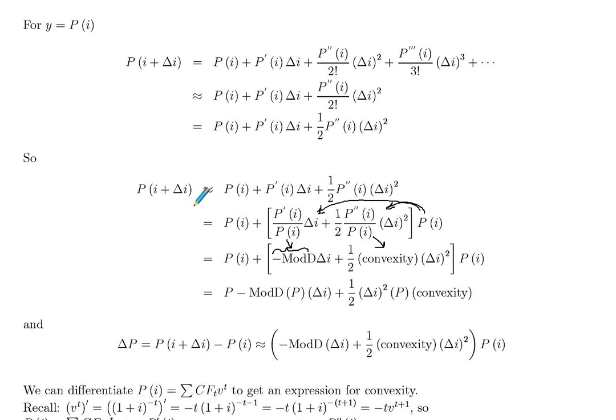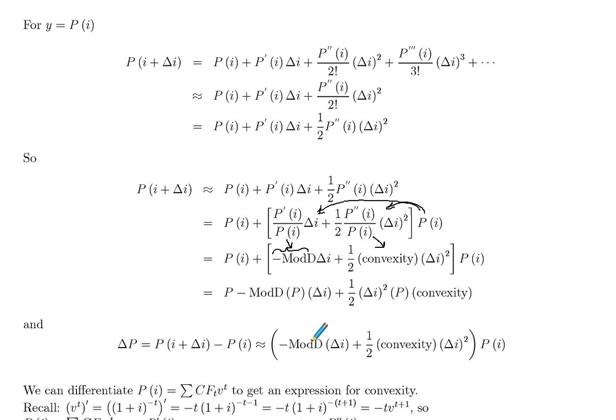So now if you look at the first line up here on the left and the last line on the right, if you take this p and bring it over as a negative, then you'll have p of I plus delta I minus p of I. Here I've written p as p of I. That's change in price. So then the change in price is just going to be these terms that are left here.